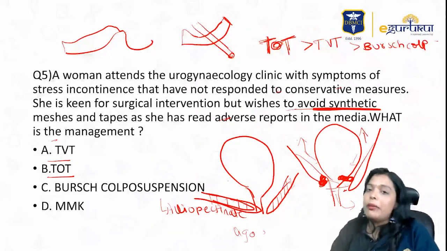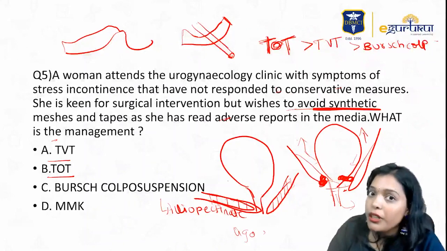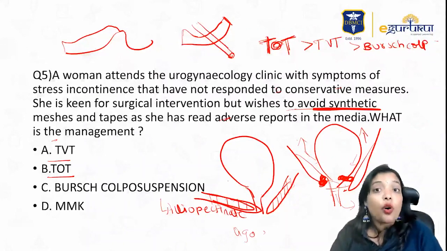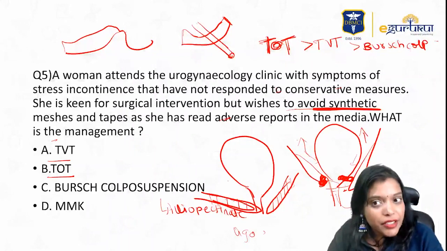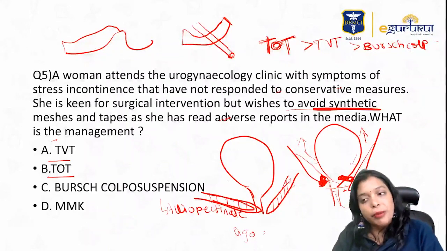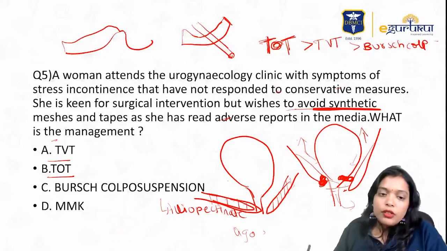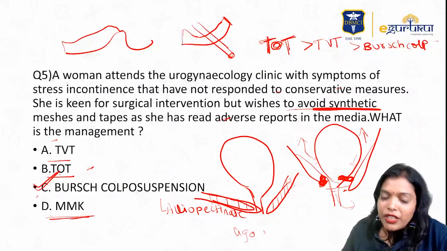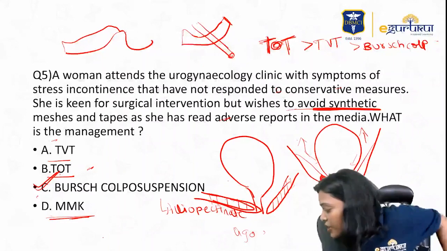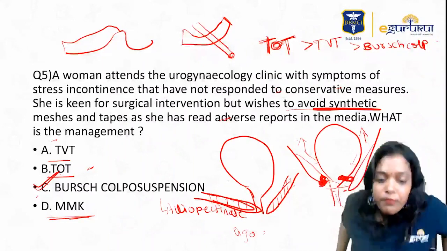If they would have asked me what is the best surgery, I would have gone with TOT. But here the patient is not willing for TOT and she doesn't want meshes. So the next best surgery will be Burch colposuspension. That is why my answer will be Burch colposuspension. Now coming to the MMK, Marshall-Marchetti-Krantz.